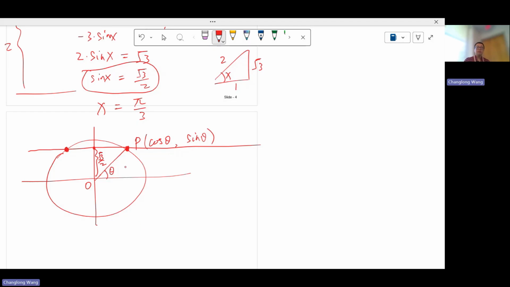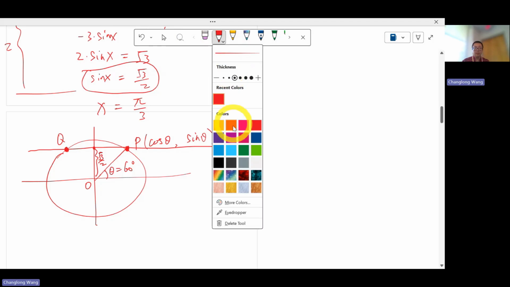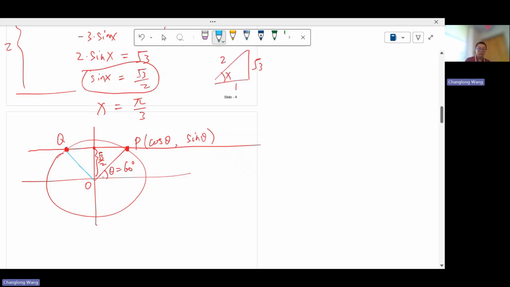Now the question is, since we already figured out the angle here has to be, I know that you guys like degrees. Let's go with 60 degrees. Can anyone tell me what will be the angle associated with this point? Let's call it Q. And I'll say the angle is not acute angle. You guys realize that. The angle has to be the one that starts from the positive x going all the way to that radius.